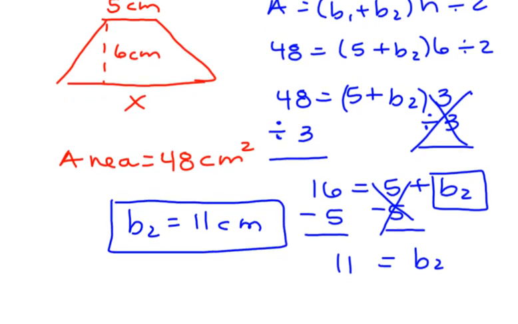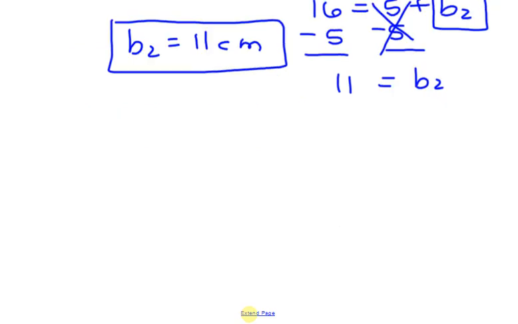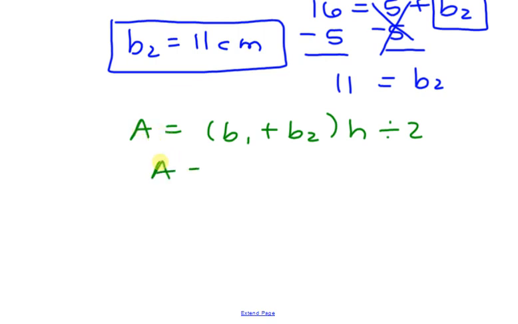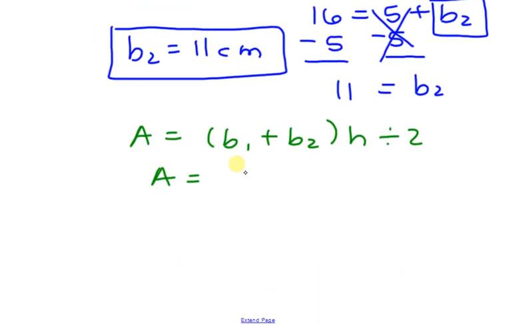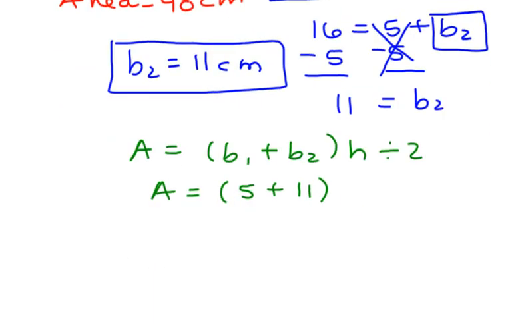And again, just like you did in the last problem, I want you to check it. Area equals base 1 plus base 2 times the height divided by 2. Pretend you don't know the area. Area equals, what was the base? 5 plus 11 times the height was 6 divided by 2.